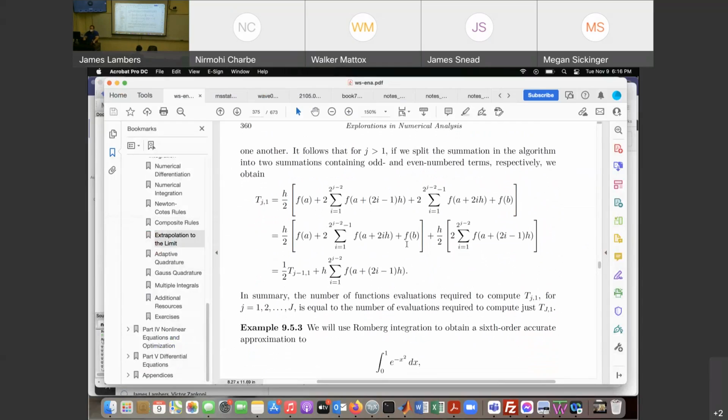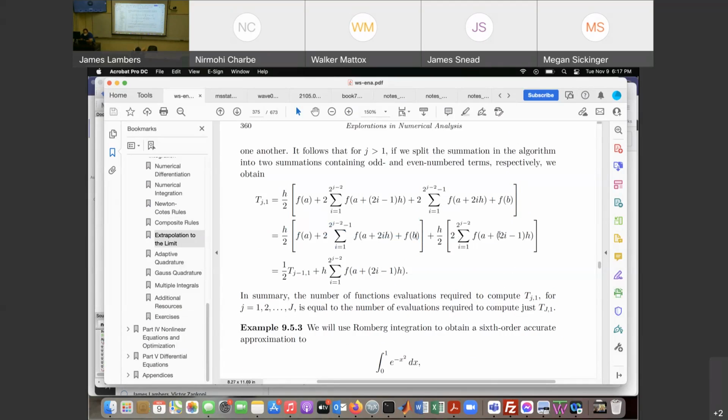I've worked that out here. So here we have the composite trapezoidal rule, and the summation in the middle is broken down into odd numbered and even numbered terms. If I take f of a, the even numbered terms, and f of b, and I combine those, that is 1/2 of a trapezoidal rule approximation of twice the spacing.